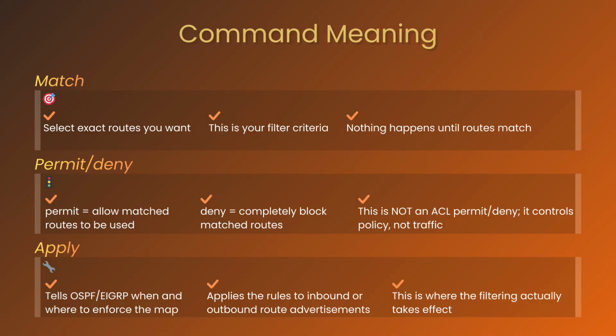This is where your ACL or prefix list comes into play. It defines the actual networks. The set statements allow you to change something, like the metric or next hop, but they're optional. For basic filtering, you may not need them. And finally, the distribute-list or routing protocol command applies the route map so that the router knows when to use it. Once you understand the meaning behind each part, route maps become a lot easier to build.